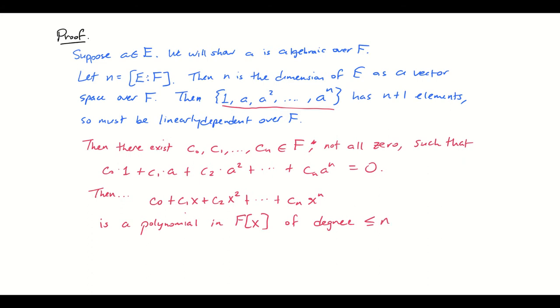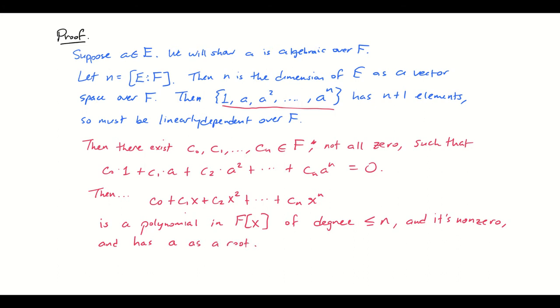Less than or equal to, because we don't know whether Cn is 0 or non-zero. It may be 0, in which case the degree would be less than n. But most importantly, this polynomial is non-zero, and it has A as a root.